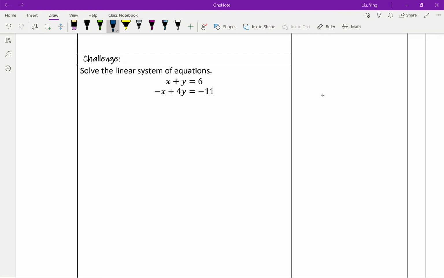For example, from this first equation, if we subtract x on both sides, we get y equals 6 minus x. This equation tells us y is equivalent to 6 minus x.